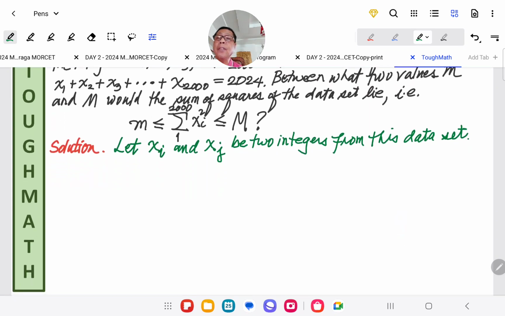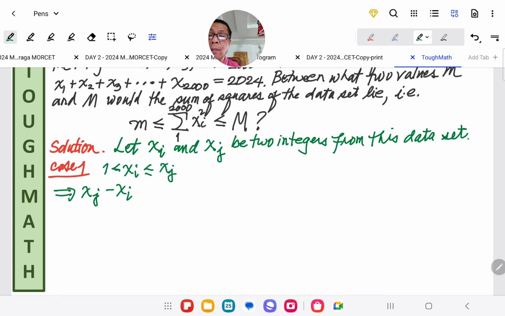So we consider two cases. Case 1: x sub i is greater than 1 but is less than or equal to x sub j. So this means that x sub j minus x sub i is positive or 0.